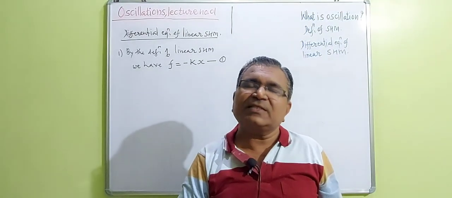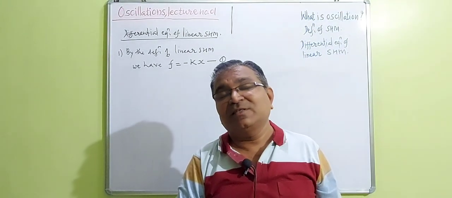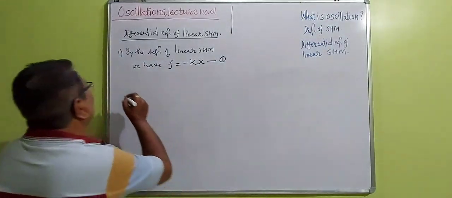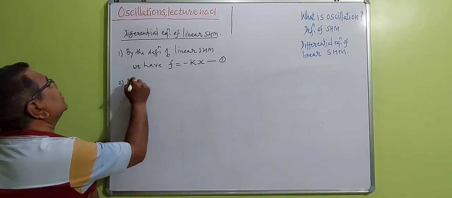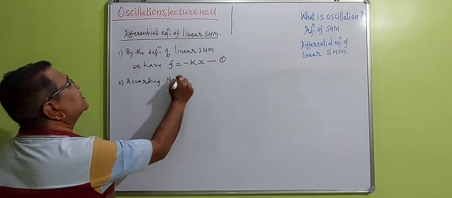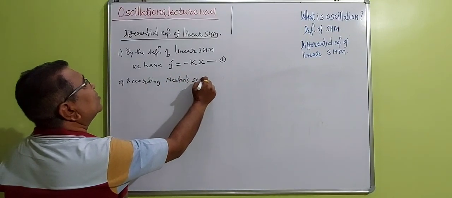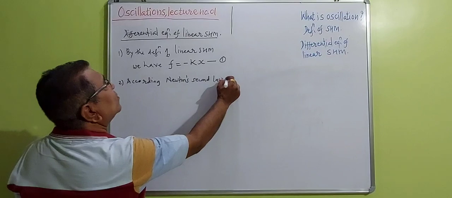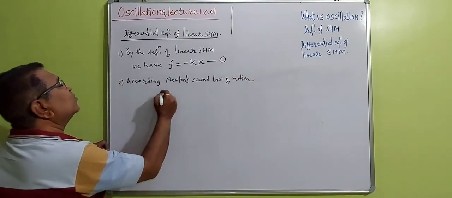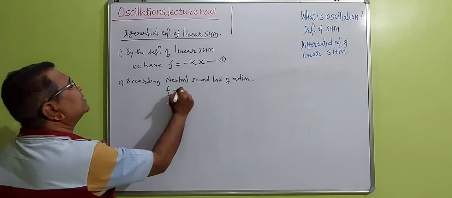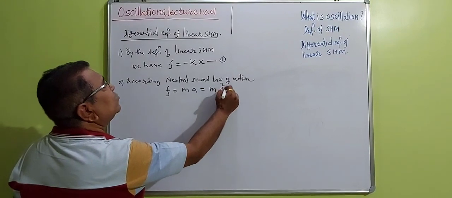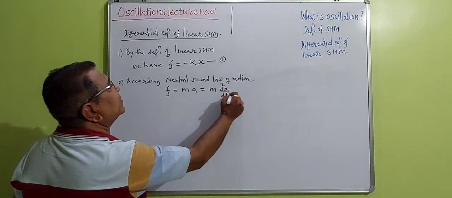According to Newton's second law of motion, we can write F is equal to ma, which is equal to m d2x by dt square.